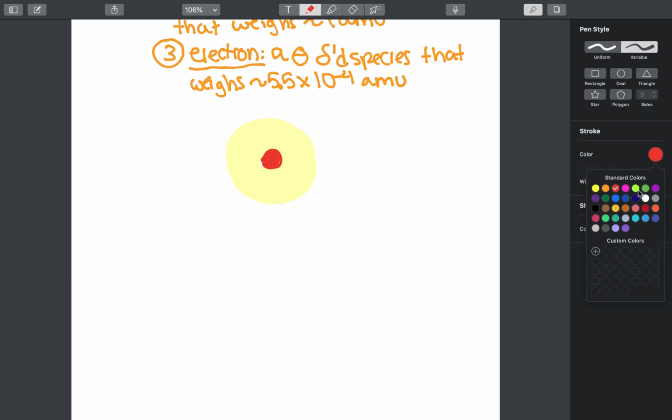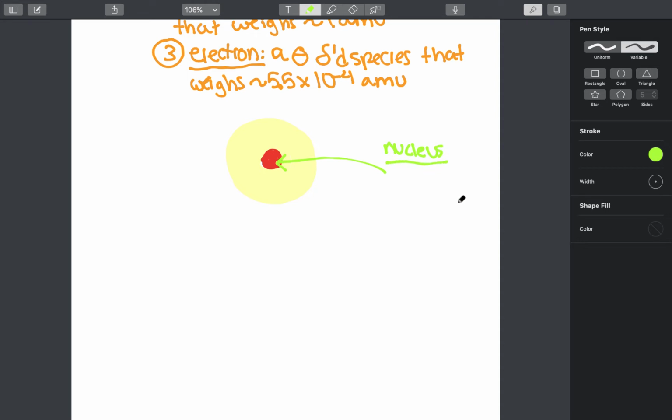So the first thing that we want to point out here is the little red dot. And this red dot is referred to as the nucleus. So what is the nucleus? The nucleus is the part of the atom, in the center of the atom, which is made out of protons and neutrons.